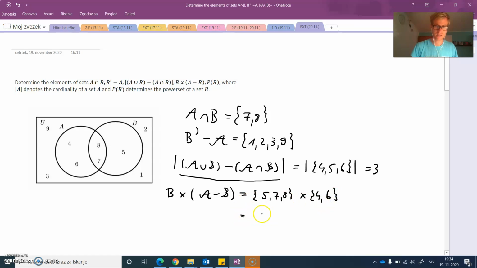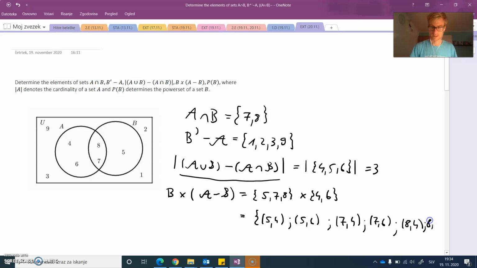And now you have to make a set of all ordered pairs, meaning first, for example, will be 5, 4, then the next one 5, 6, 7, 4. Okay, you can just write a normal comma or this one. 7, 4, 7, 6, and so on. You see 8, 4, and 8, 6.